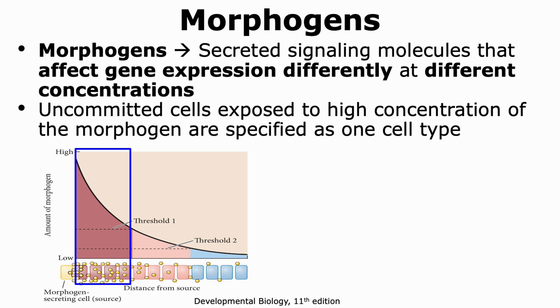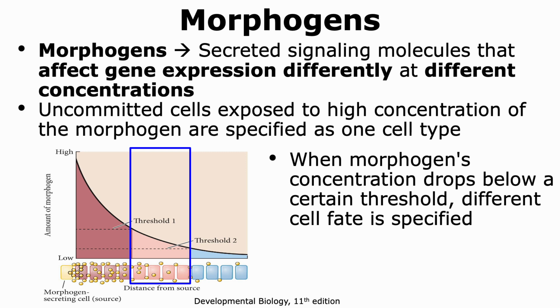Uncommitted cells that are exposed to high concentrations of the morphogen are specified as one cell type, as shown in the figure here. So here we see that there's a certain concentration of the morphogen that allows the cells to become committed to form a specific type of cell. Now, when the morphogen's concentration drops below a certain threshold, the cells experiencing that lower concentration become different types of cells, or their fate is altered.